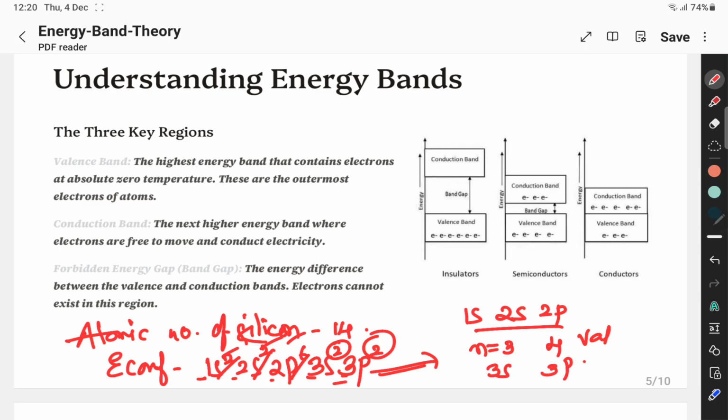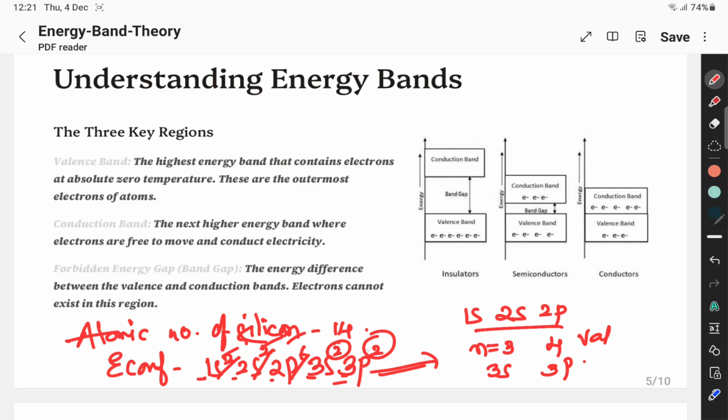These valence electrons are crucial because they determine how silicon bonds and how it behaves electrically, how it can conduct electricity.